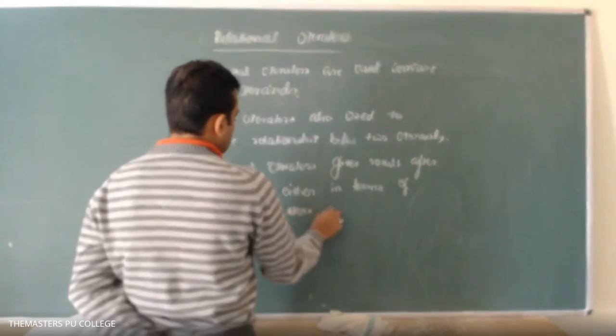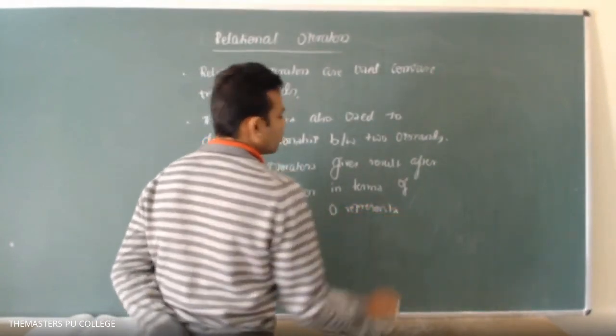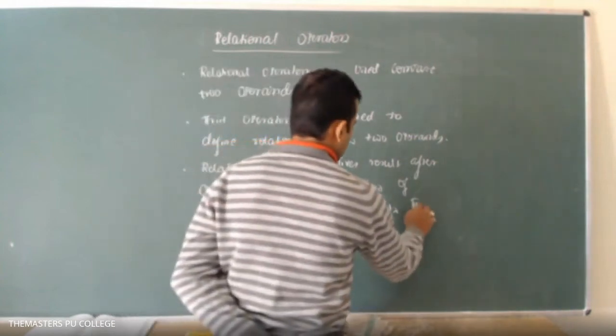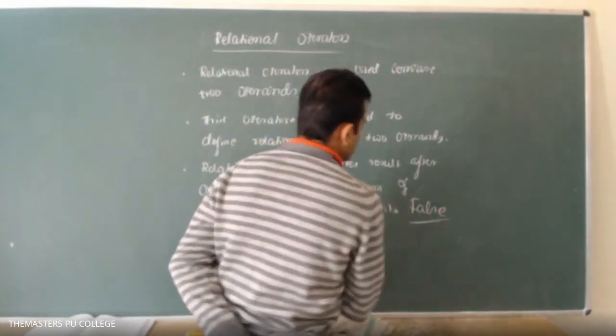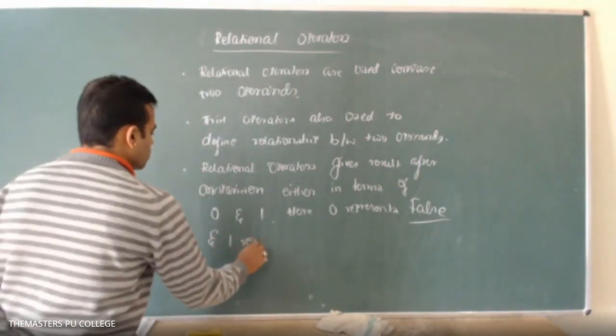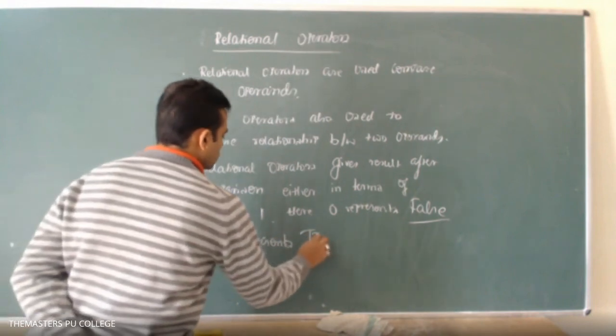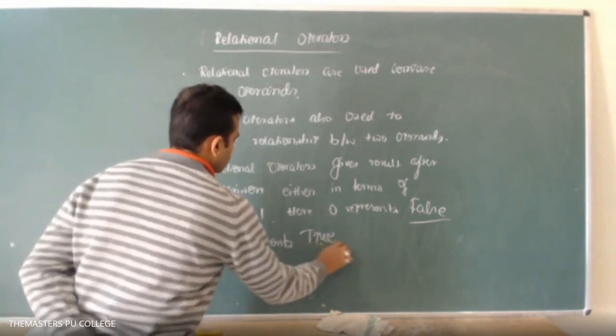Here, what does the zero represent? Zero represents false, and one represents true.